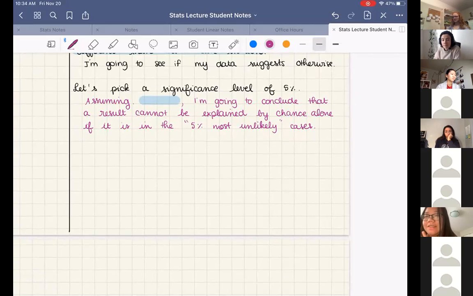Sorry. Do we have to pick 5%, or can we decide what's the range? Okay, in your projects, you'll be able to decide. In an exam or a homework or anything like that, I will tell you what significance level to use. But it's always set beforehand, which means it is not something that you adjust in order to make sure that your conclusions work.